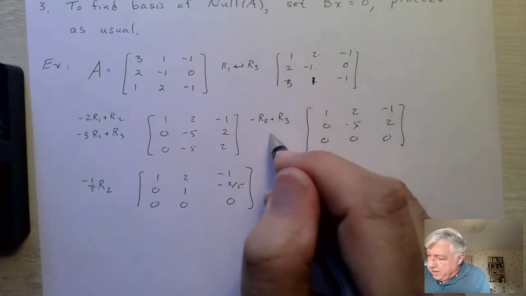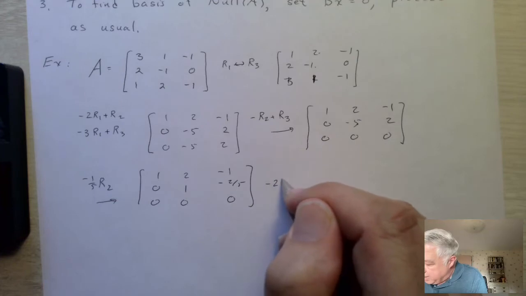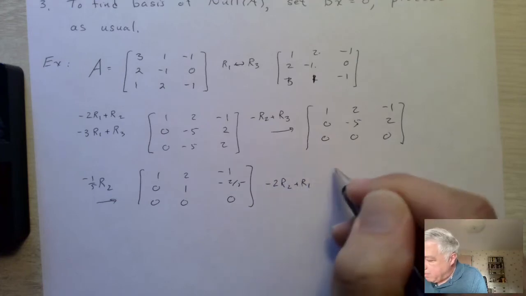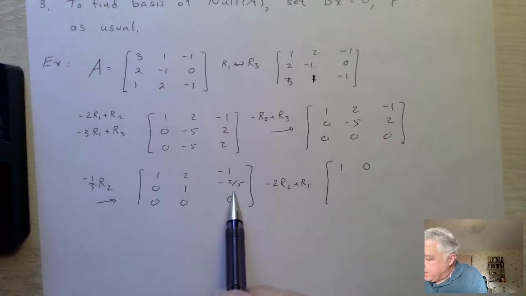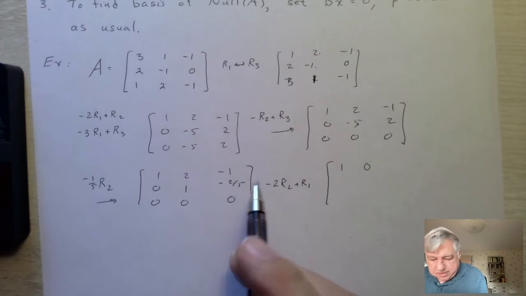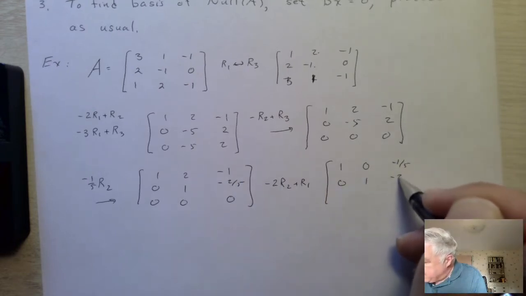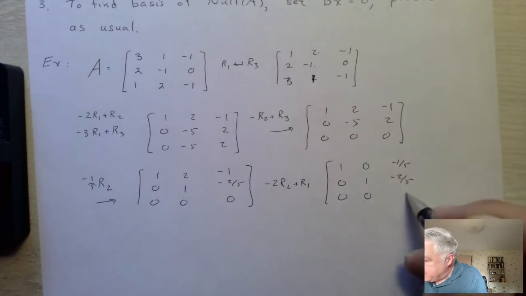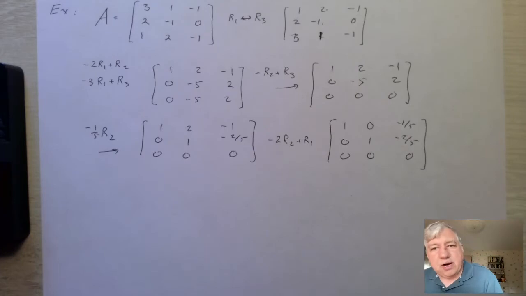And then finally, we want to get rid of this 2, so we'll multiply -2r2 and add it to r1, and we get 1, 0, and then this is going to be positive 4/5 minus 1, that's -1/5. And we'll have 0, 1, -2/5, 0, 0, 0. Okay, so this is in reduced row echelon form. I have some fractions. That's okay, we can deal with them.